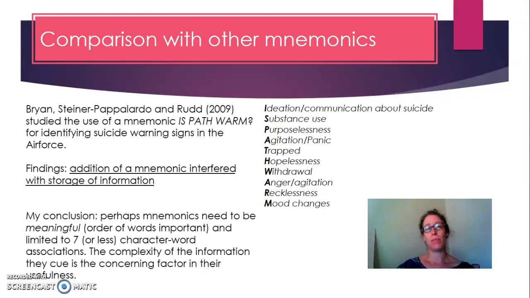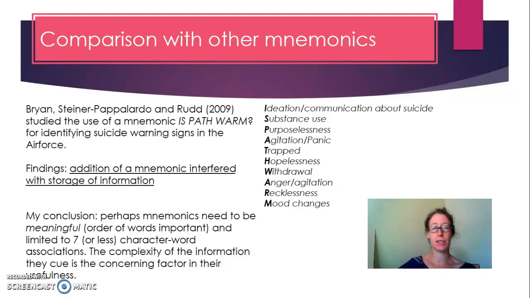In this assessment, I went and did a bit of research, and I found a great example which claims that the use of mnemonics could actually be interfering with storage of information, which goes against the cognitivist theory. The use of mnemonics is supposed to be a device that cues us to code and chunk information so it's more easily retrieved.